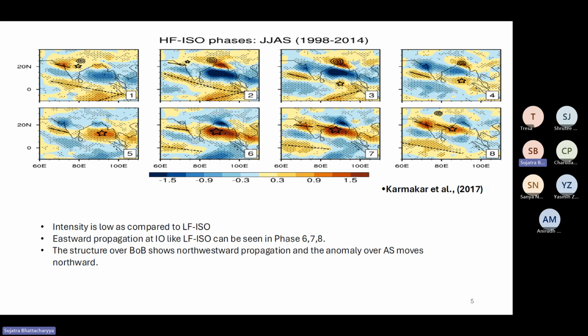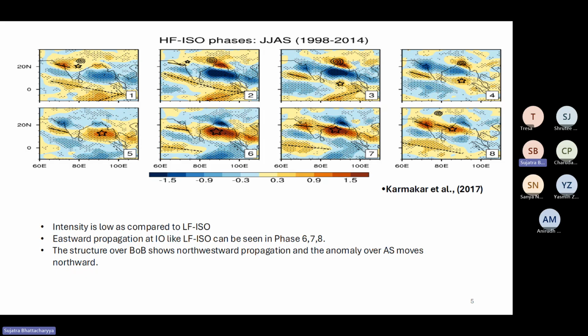And when we look at HFISO, here also this kind of eastward propagation is visible in the tropics, but the intensity is low. And second, there is a westward propagation. If you look at this star, this shows the maximum intensity of positive anomaly at the Bay of Bengal, and it gets bigger and moves westward.